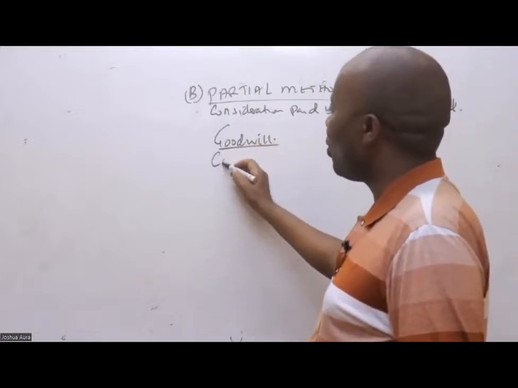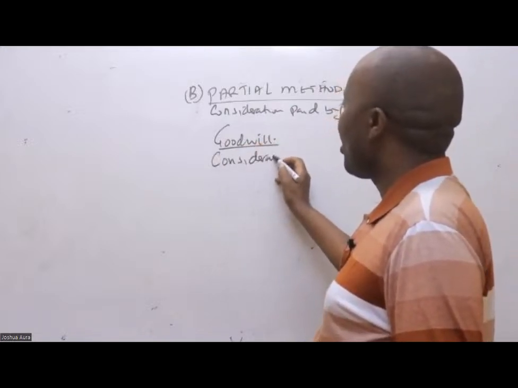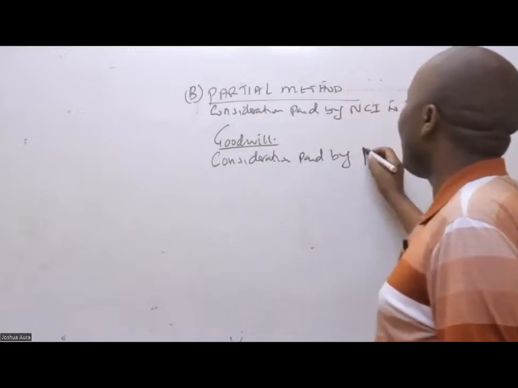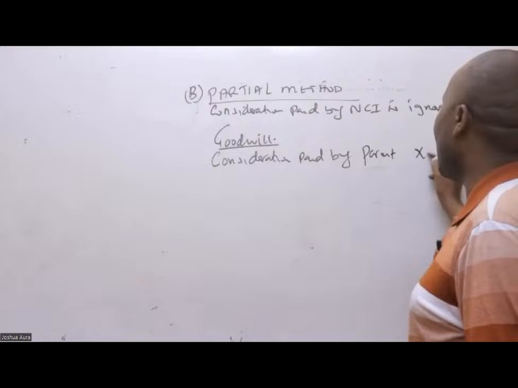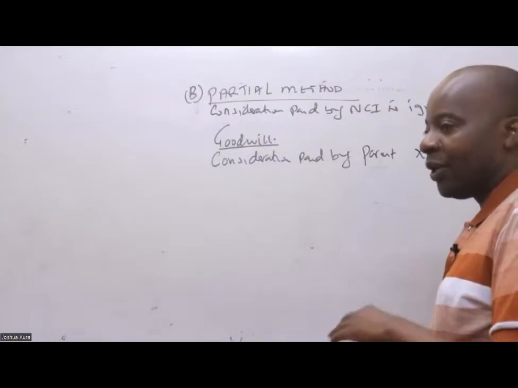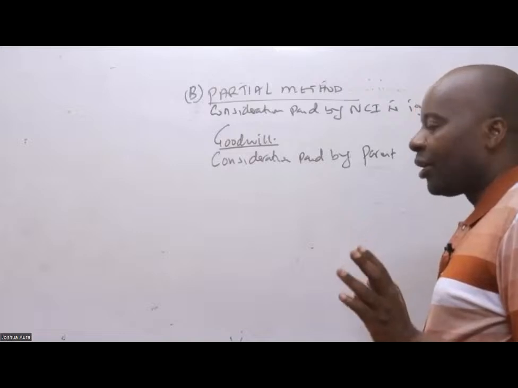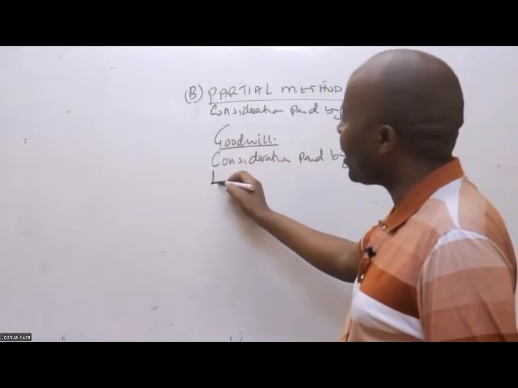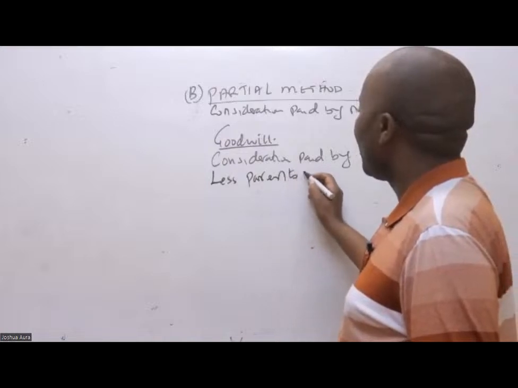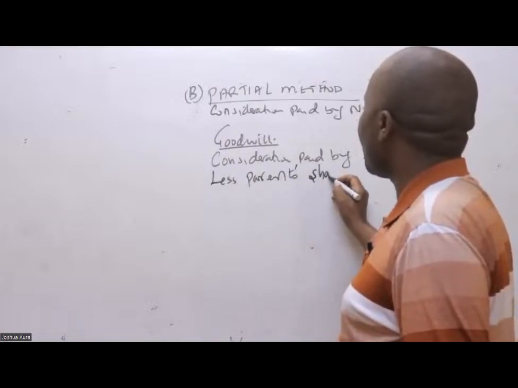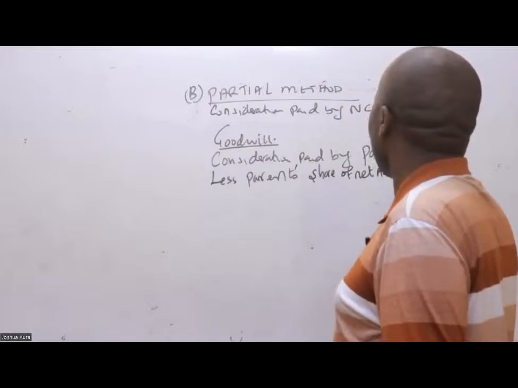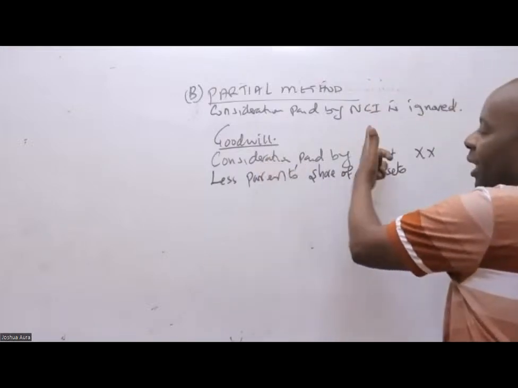So our goodwill computation will look like this. We have the consideration paid by the parent. The consideration paid by NCI now is zero, it is hot air. Then we come under less the parent's share of net assets, because it's only the consideration of the parent that we have taken into account.